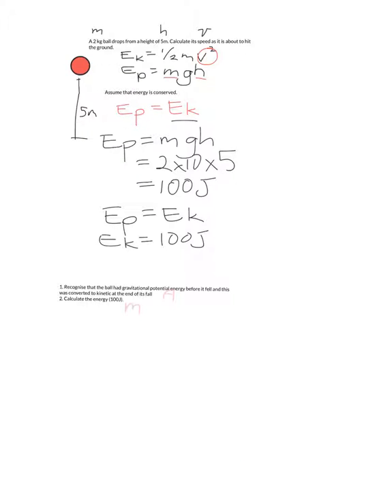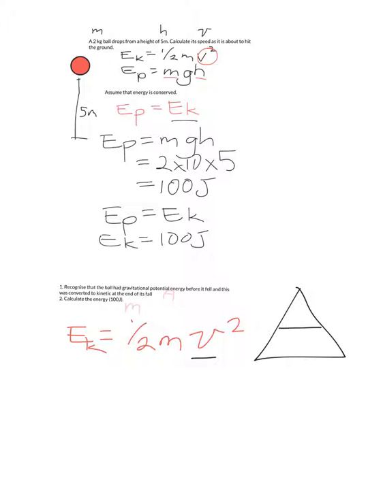For excellence, you need to calculate the velocity of the ball, so the speed at which the ball is about to hit the ground. So the only formula you can use for that one is EK equals half m times velocity squared. So this is where you're going to need your triangle, because you need to get velocity squared by itself on one side of the equals sign.